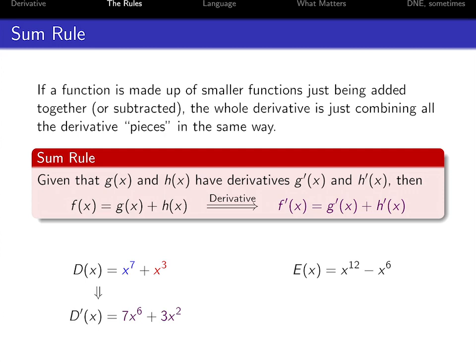We're taking the derivative of each piece on its own and then just keeping them added together. Same goes for e of x. Over here we've got x to the 12th minus x to the 6th. They're being separated. This time it's not addition, but the rule holds for subtraction as well. X to the 12th minus x to the 6th. We can do the derivative on each piece, so we get 12x to the 11th minus 6x to the 5th.